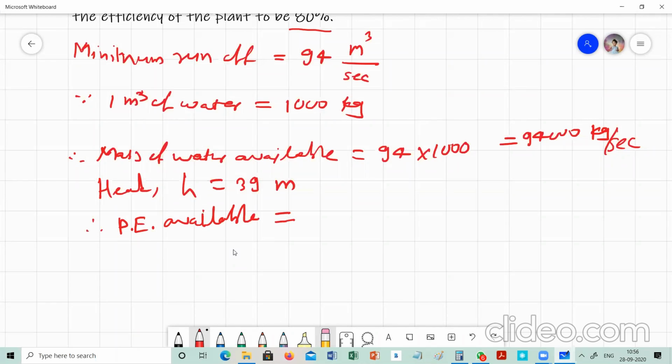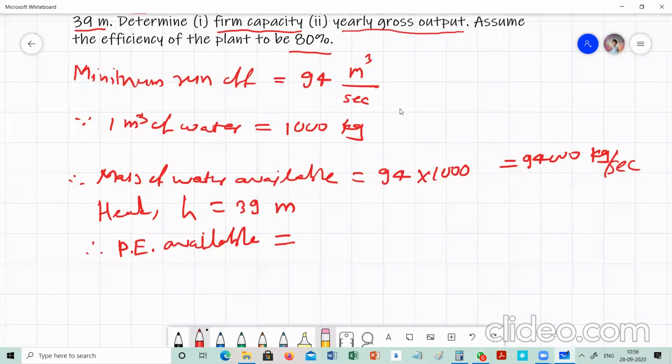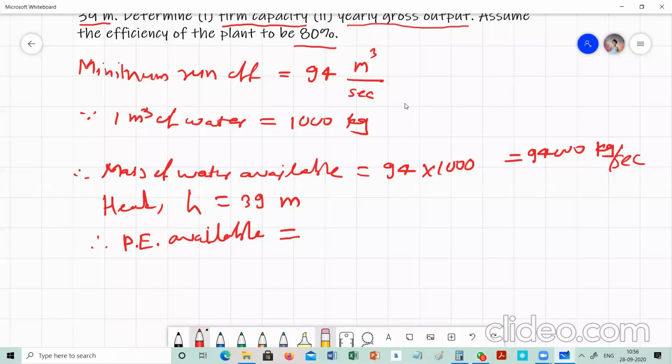Why we cannot use the word potential energy in this case? Because they have given data about runoff, means running water, and running water does not possess potential energy. But we can use in general the word hydraulic energy. Hydraulic energy can be used for running water, means kinetic energy, and that water is used to run the turbine.